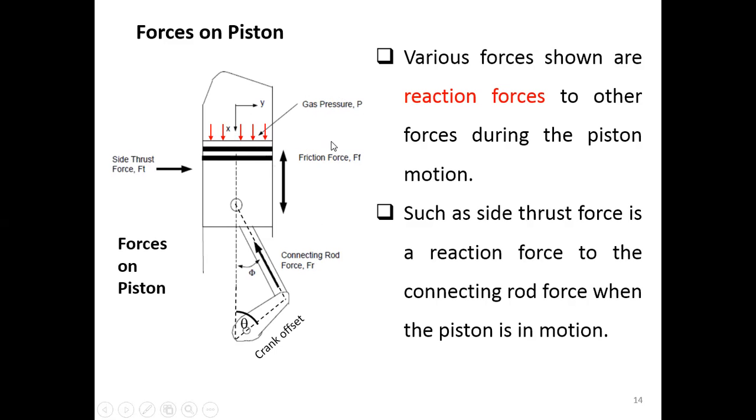The friction force here also applies on the side surface of the piston, but in a different direction from the side thrust force. This friction force can act in the up and down directions according to the piston motion. And the last one, underneath here, is the connecting rod force, FR.